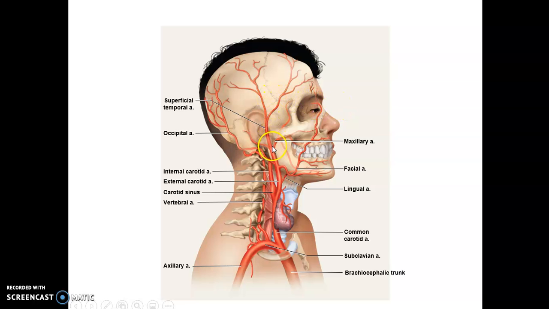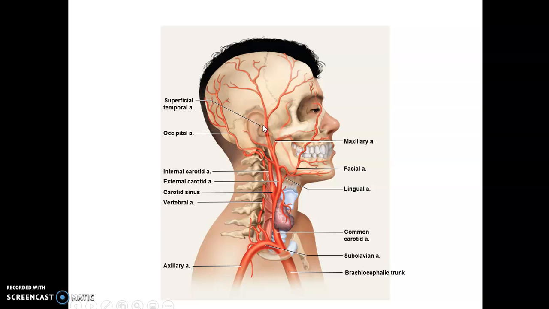If it is in red, that means we are dealing with the arteries. So right here is your superficial temporal artery. If you can remember your bone anatomy, it helps remember where the locations of these are, because this is going to be closest to the temporal area.